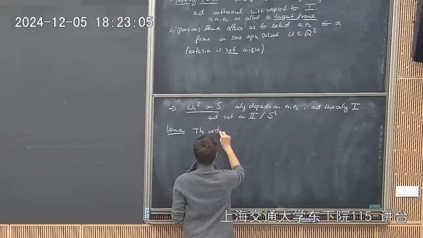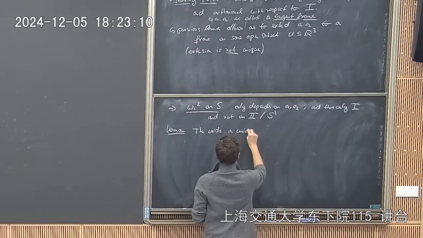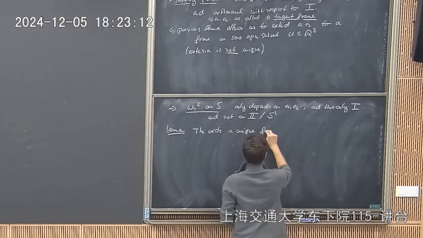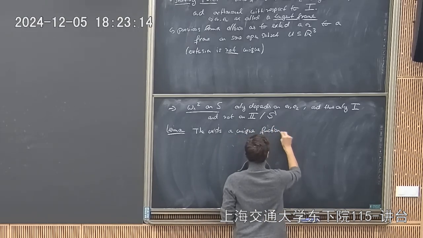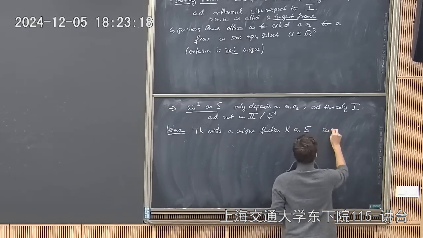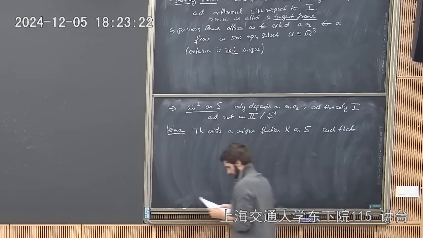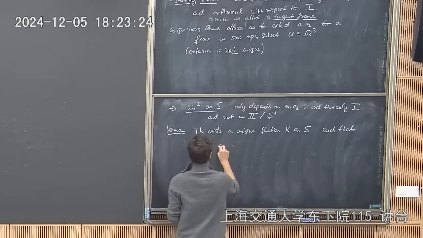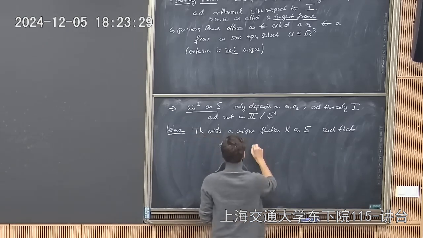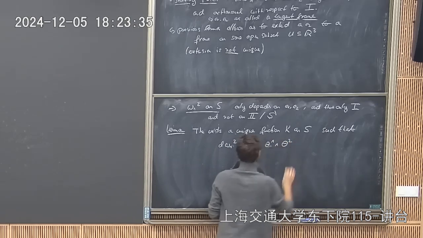There exists a unique function K on the surface such that dω12 equals K θ1 wedge θ2.